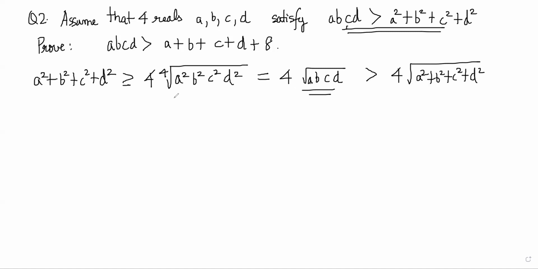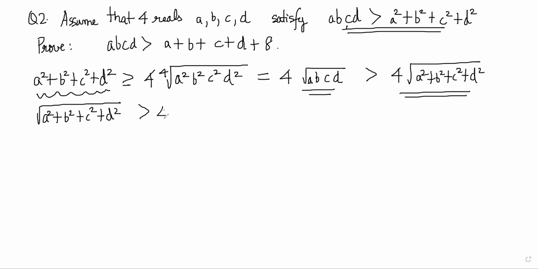So from here, overall, we can conclude a square plus b square plus c square plus d square is greater than 4 times root of this. So we know that root over a square plus b square plus c square plus d square is greater than 4. This is a conclusion that we get from using the data and AM-GM on a square, b square, c square, d square.